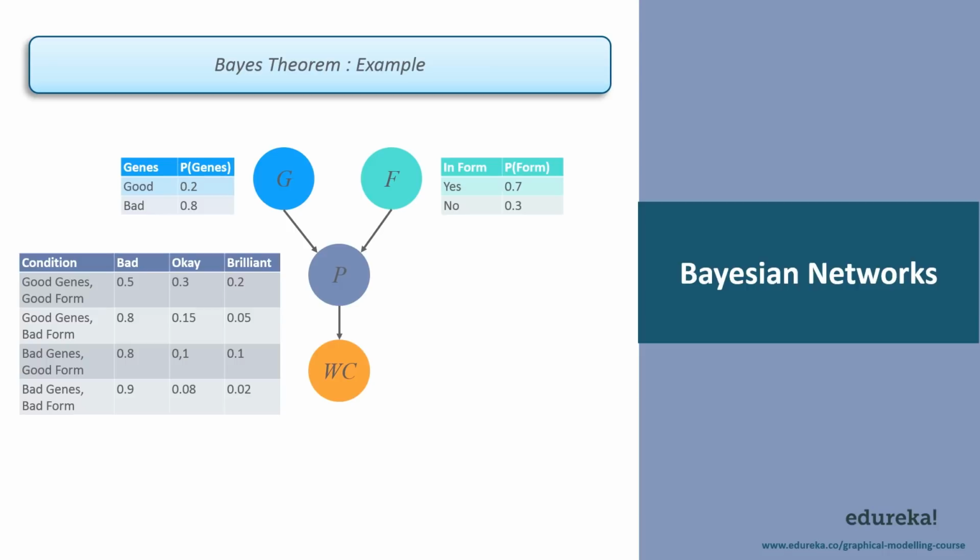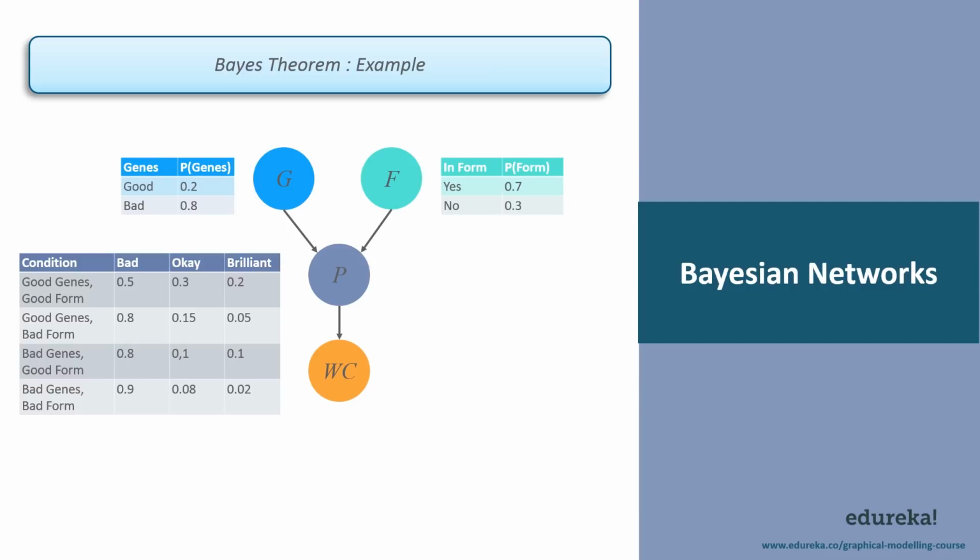We've got bad performance, okay performance, and brilliant performance. So we look at the probability of each of those for each combination of input. And now you see where the dependencies are beginning to grow, and none of it is deterministic, as you would see. No value you see here is either 0 or 1. So still nothing is guaranteed.